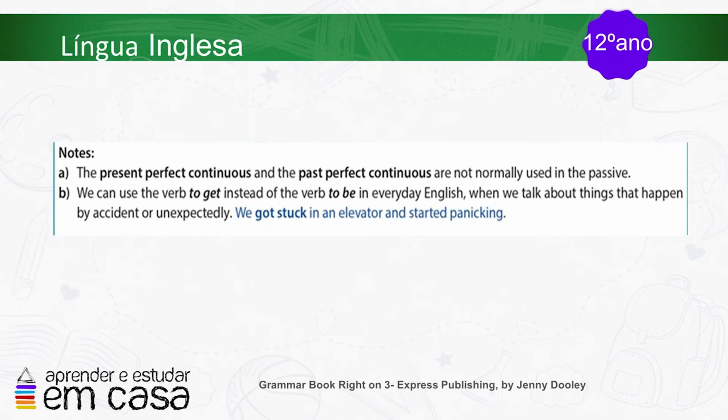So we can also use the verb get instead of be if we are talking about everyday life. For example, instead of saying I was stuck in an elevator and started panicking, I can just say I got stuck. Okay?